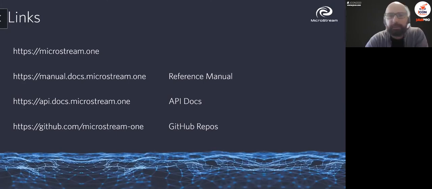How do I set up my application to work with MicroStream? For example, you can see there that you don't have to use any annotations or special interfaces, or extend a special super type from us. Just use your classes as they are, and MicroStream is able to persist them as well.